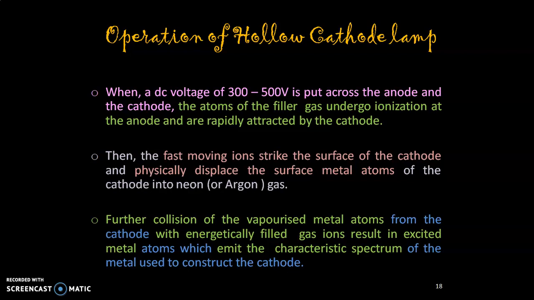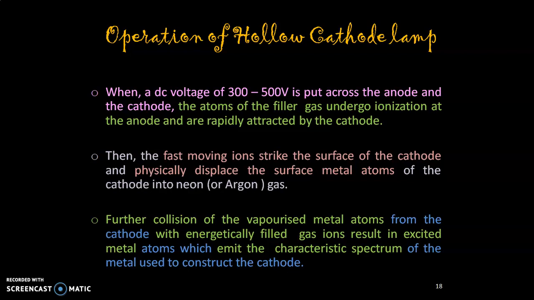When a direct current voltage of 300 to 500 volts is put across the anode and the cathode, the atoms of the filler gas undergo ionization at the anode and are rapidly attracted by the cathode. Then the fast-moving ions strike the surface of the cathode and physically dislodge and displace the surface metal atoms of the cathode into the argon or neon gas.